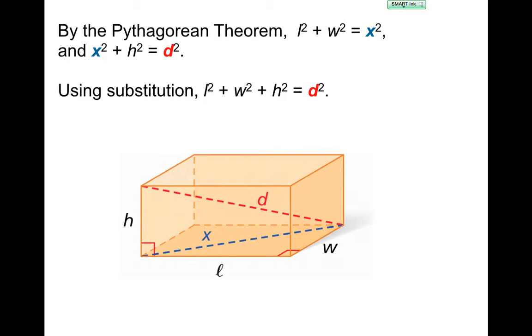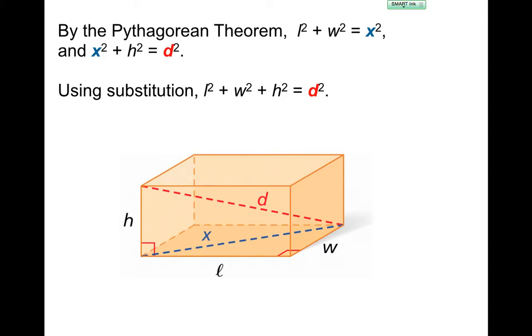So what the formula has done is put this Pythagorean theorem with the second Pythagorean theorem, and we find that to get the diagonal squared, you square the length, the width, and the height, and add it all together. Then if you want just d, and you know what d squared is, you square root it.